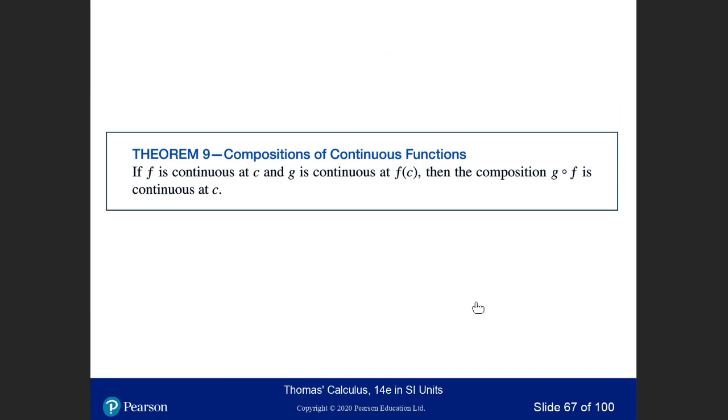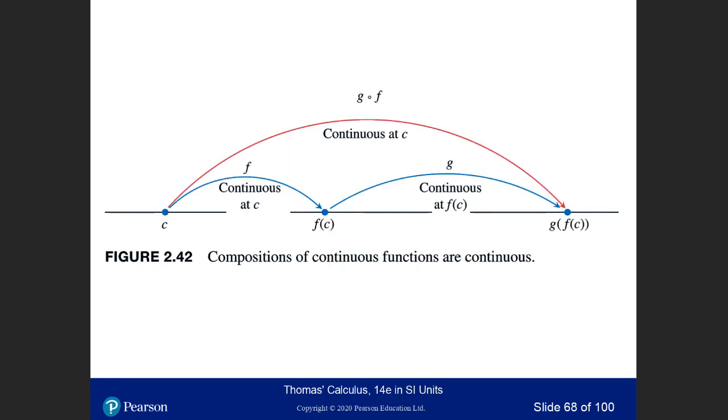Now let's look at composition of continuous functions. If f is continuous at c and g is continuous at f of c, then the composition g of f is continuous. This is sort of obvious too. So f is continuous at c and g is continuous at f of c, so the composite function is continuous.